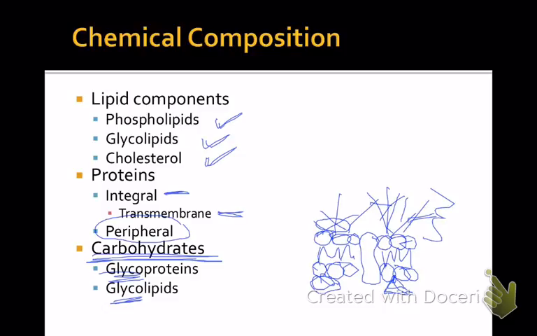You could think of it as sugar coating the cell. And it's called the glycocalyx. Glycocalyx is the coating of carbohydrate on the outside of a cell.